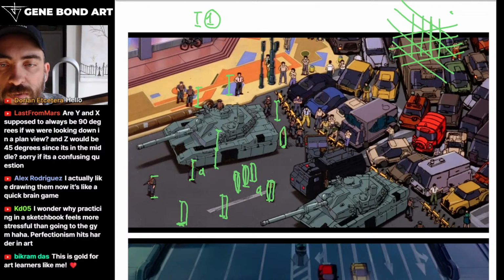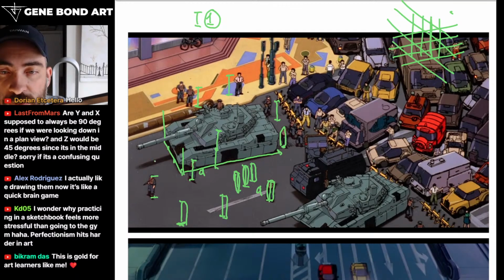So this tank we can break down to an exact ratio. So you can perfectly estimate. It looks like 3 human heights in width. Let's see how much. 1, 2, 3, 4.